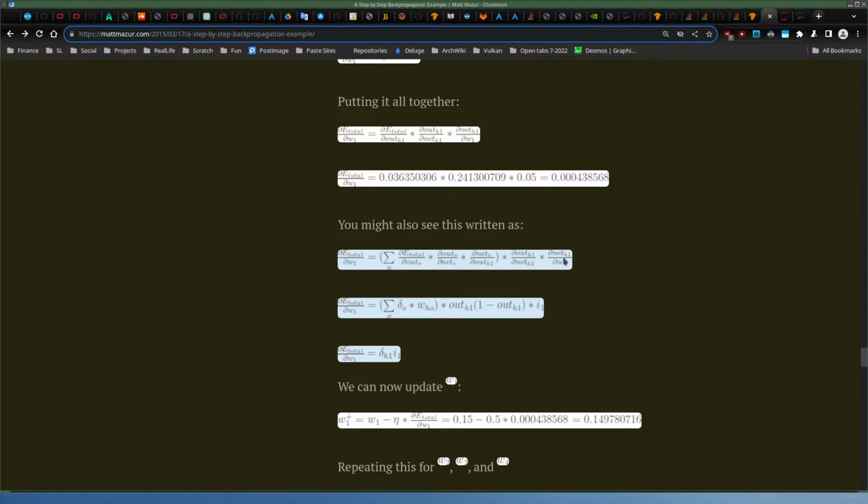See, delta net H1 relative to W1 is probably the I1. Yeah. And this is then this. Activation function. And then this sum is that sum.